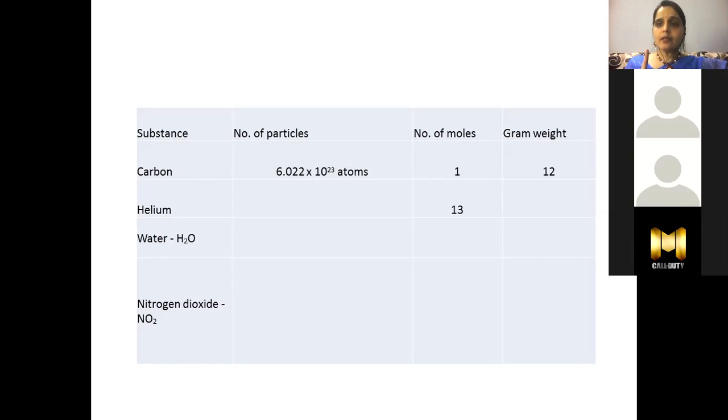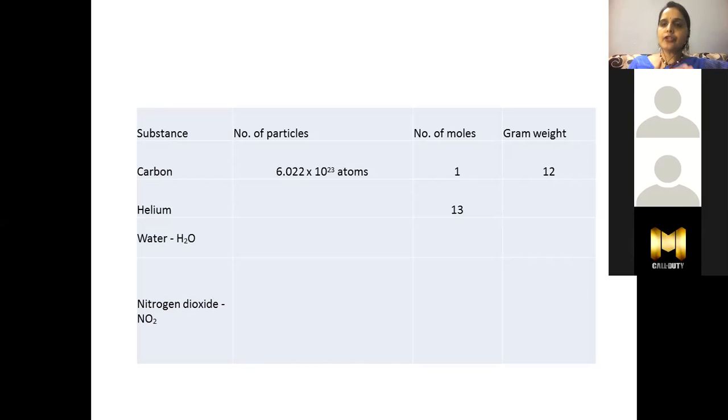Yes, atomic number of helium is 2, and its atomic mass is 4. So what does this mean? This means that 1 mole of helium corresponds to 4 grams of weight.